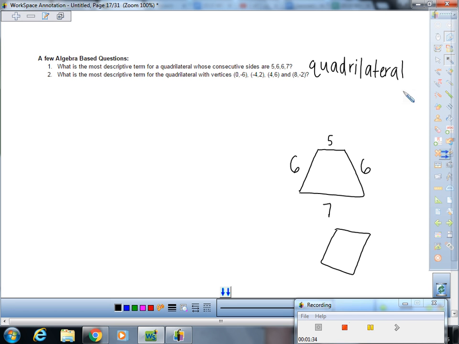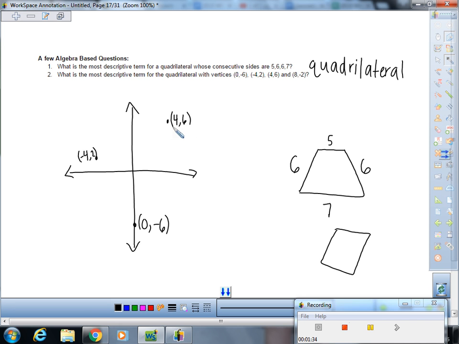Number 2, what is the most descriptive term for the quadrilateral with vertices 0, -6, -4, 2, 4, 6, and 8, -2? So if we draw a coordinate plane, and we mark out the points, so 0, -6, then we have -4, 2, then 4, 6, and 8, -2.